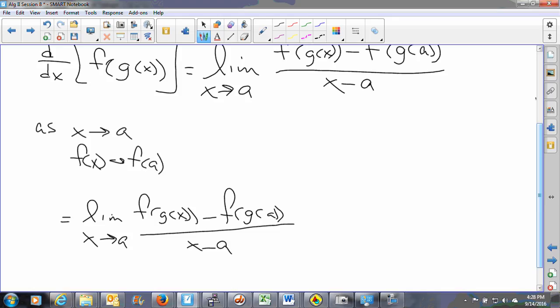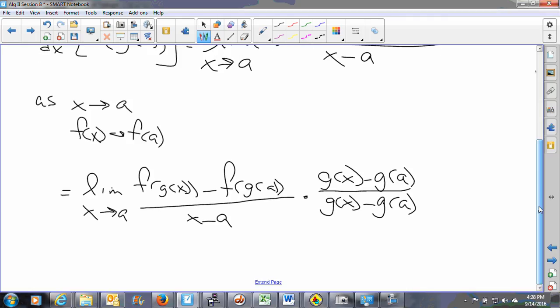And then I'm going to multiply that by 1. Now, the 1 is going to be g of x minus g of a over g of x minus g of a. Once again, why did I do that? Because it works. All right.